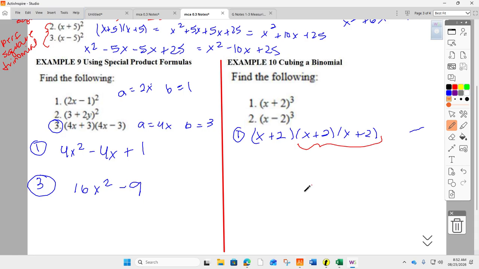So I'm going to bring down the first binomial, and then I'm going to use my formula. So that's going to be times x squared plus 4x plus 4, because I'm remembering my formula or my shortcut. Now we're going to distribute, and we only have 2 terms to distribute, right? So we're going to distribute the x to everything.